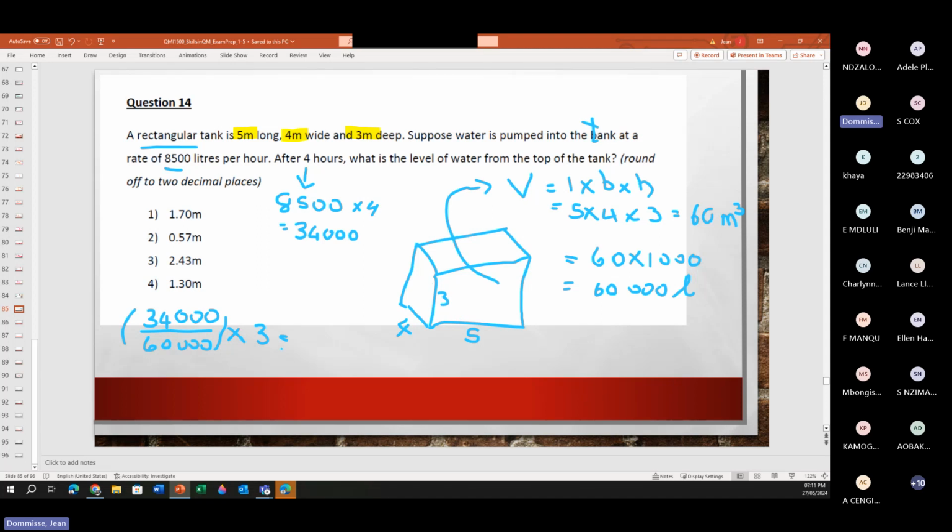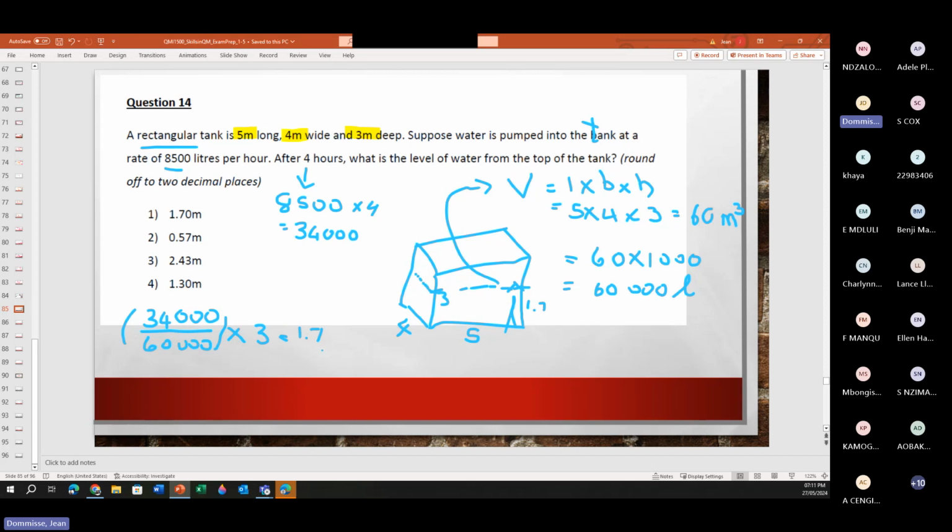Okay, so 34 divided by 60 is 0.5667 times 3 gives me 1.7.